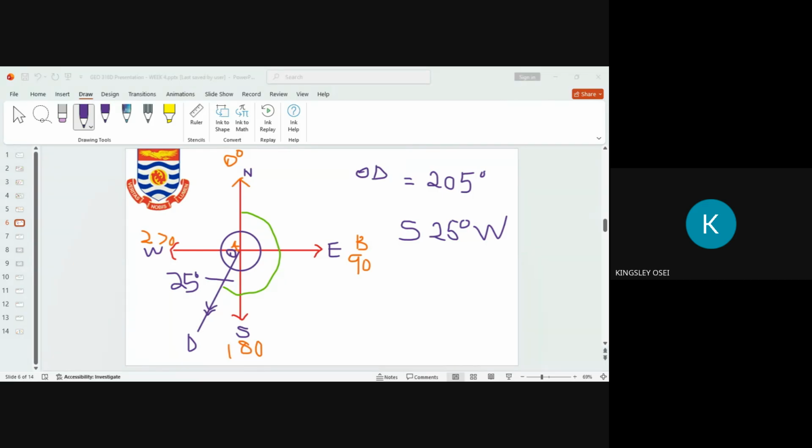Please, is it clear? The sketch always provides you a better picture of the scenario than trying to quote or use formulas.